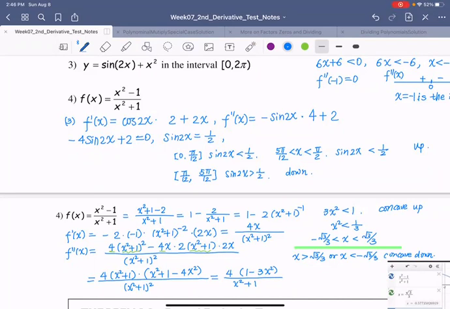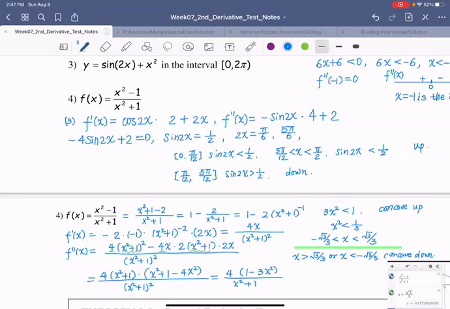Pi over 6. Yes. 2x might equal pi over 6. Who else? 5 pi over 6. Yes, very good.